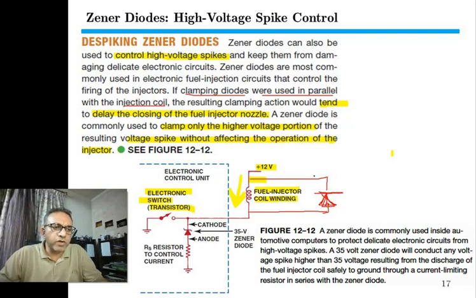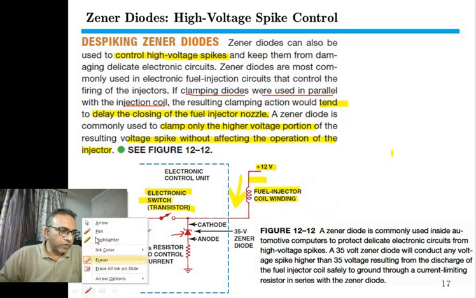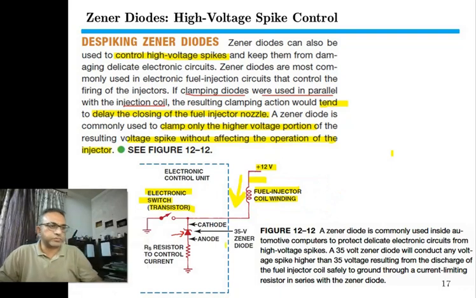However, we will not follow this. We will not exercise such a circuit. We will not use a clamping diode. We are going to use the Zener diode. So what will the Zener diode do? Here is the Zener diode.